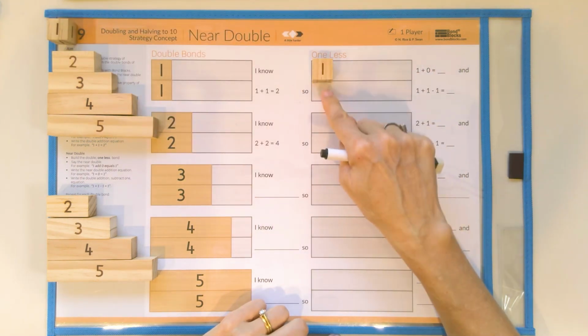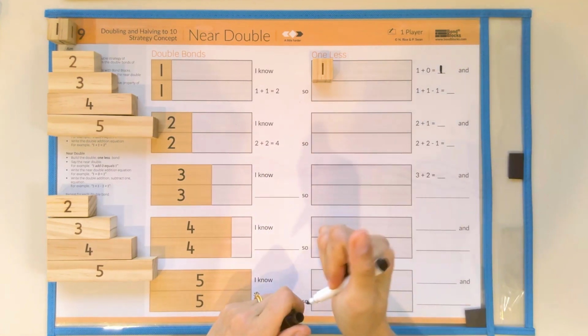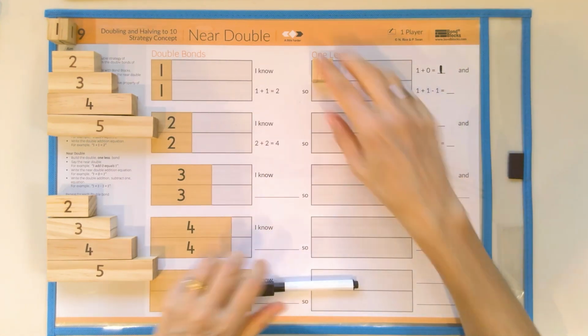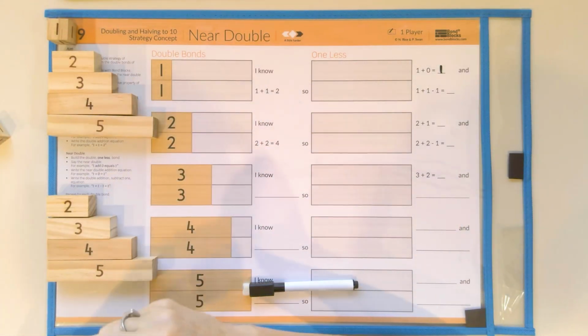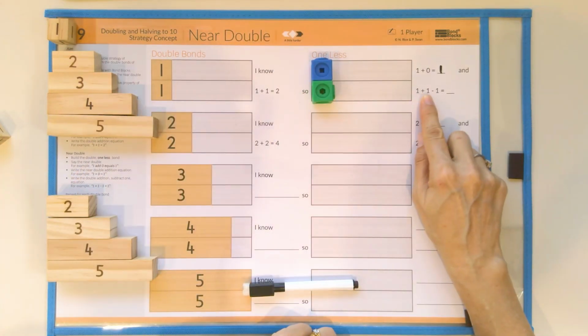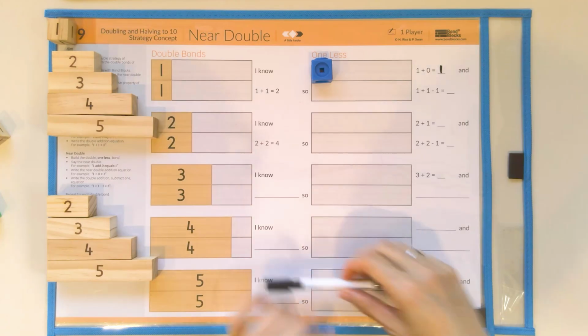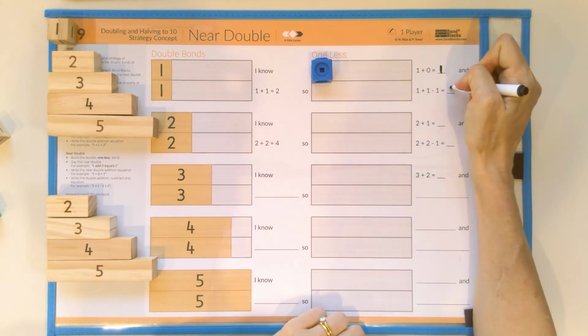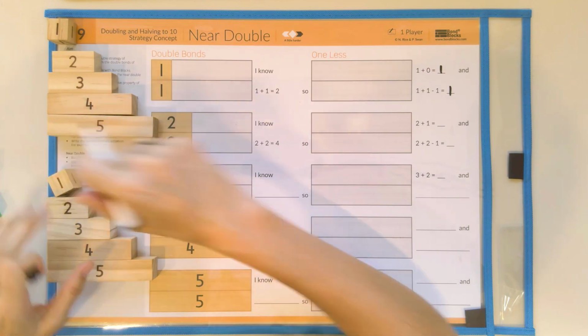So 1 add 0 equals 1. And what I actually did, if I use the cubes, is say double 1 was 2, and then I took 1 away, and I still get 1. I'll do the next one for you.